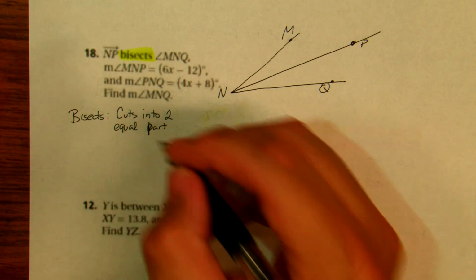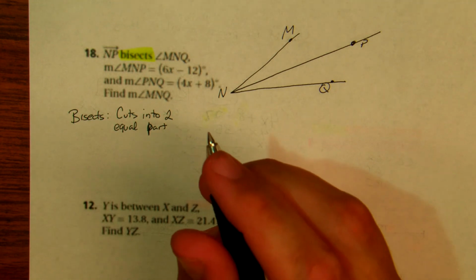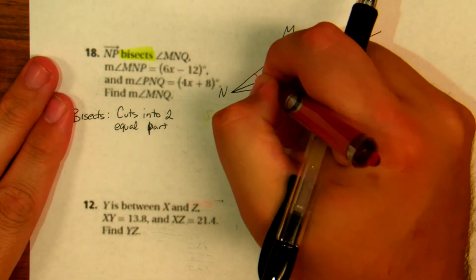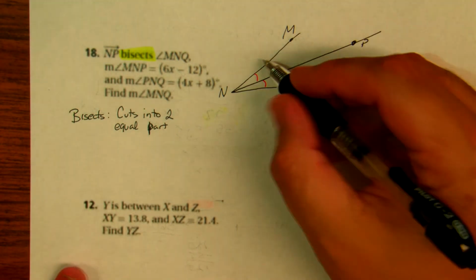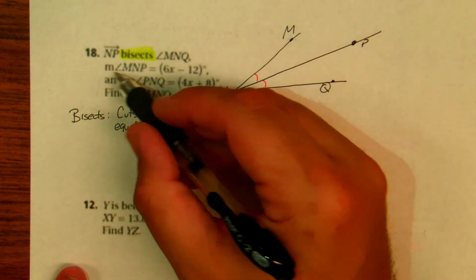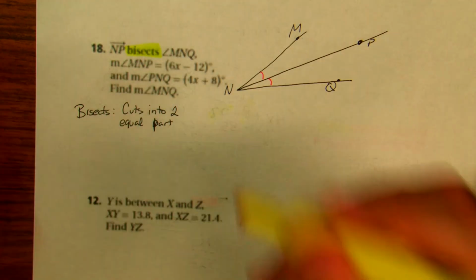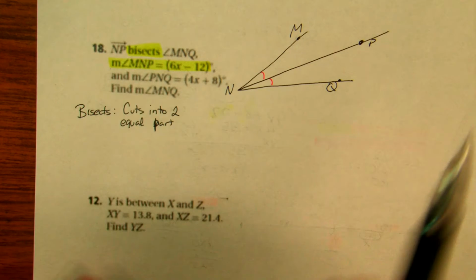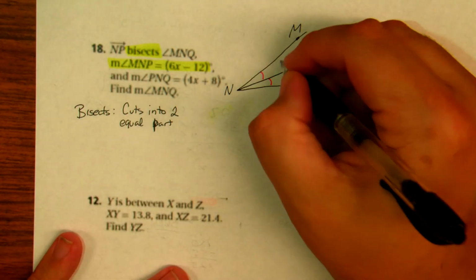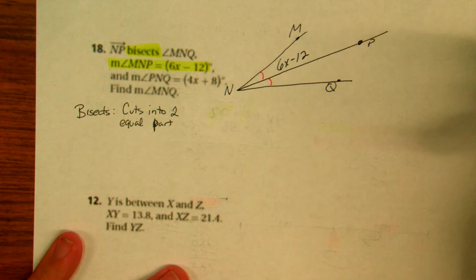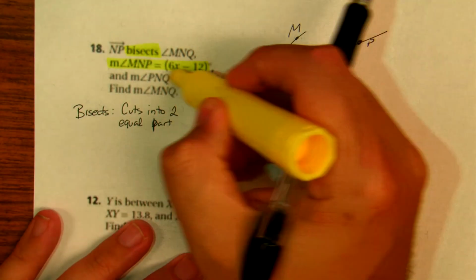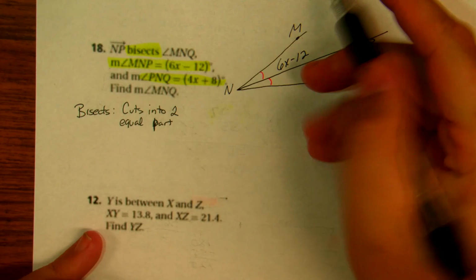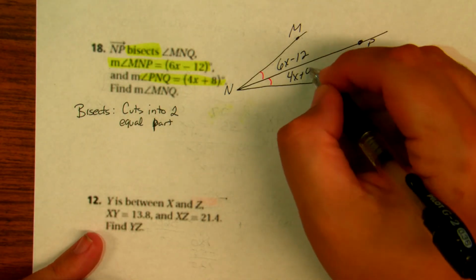So I know that this angle is equal to this angle. Now, MNP from right here is 6x minus 12. So 6x minus 12. And PNQ right here is 4x plus 8. 4x plus 8. So what do I know about these 2 parts?